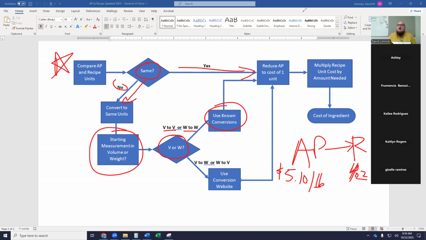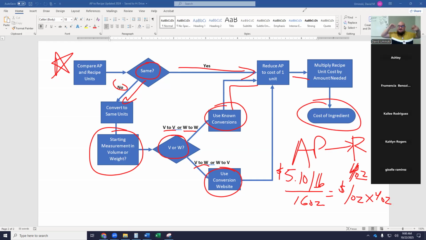If it's volume to weight, then I'm going to use that conversion website. Then I get down to the cost of 1 unit, so 16 ounces. I get my cost per ounce and then multiply it by the 4 ounces. Then we multiply recipe unit cost by amount needed, and that's the cost of our ingredient.